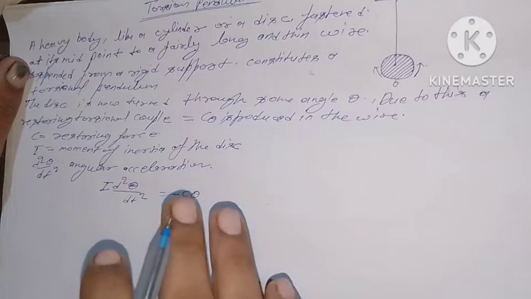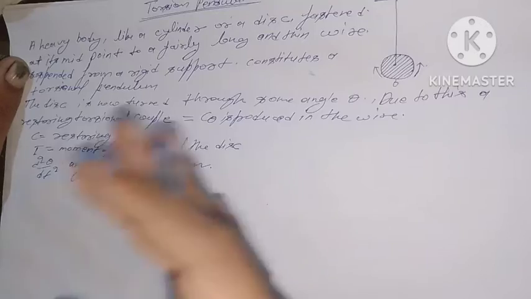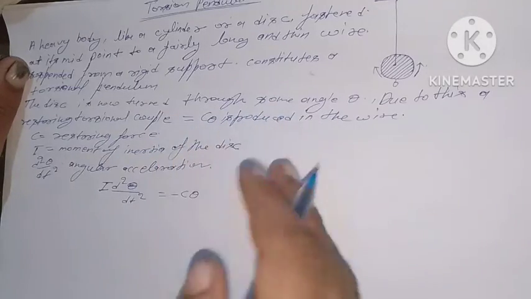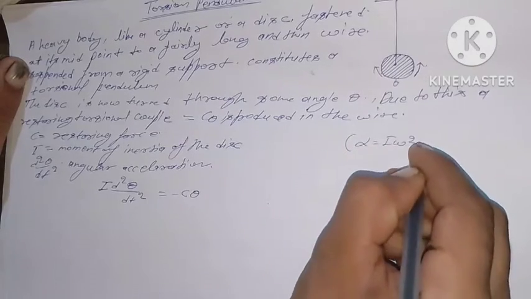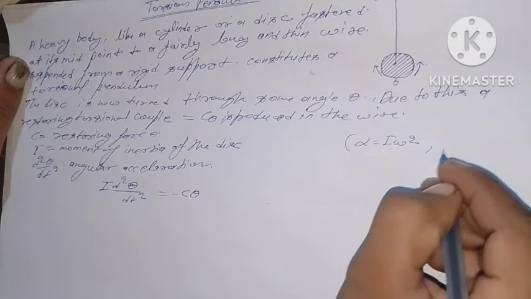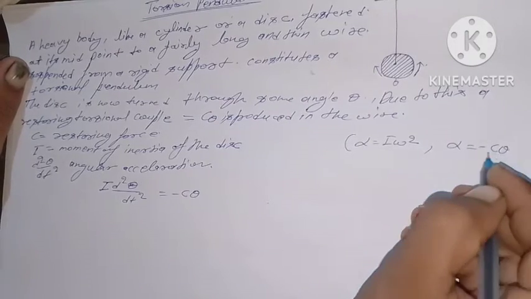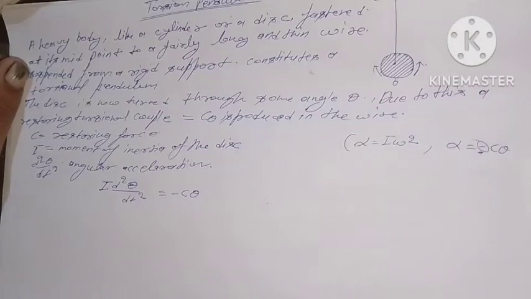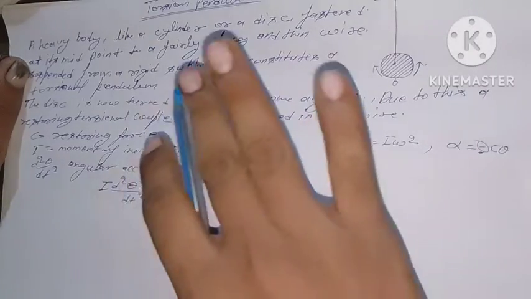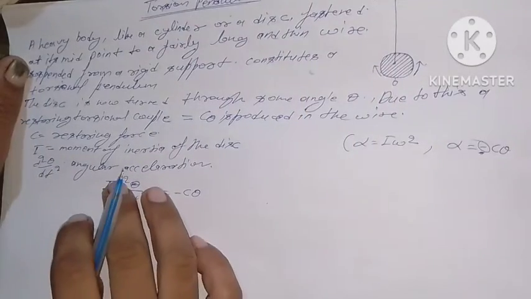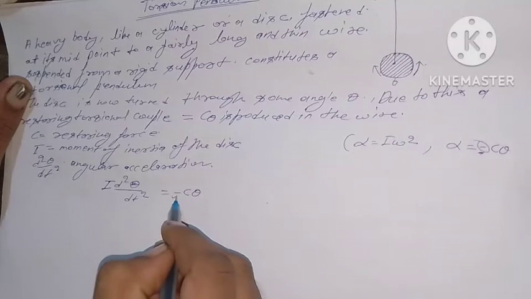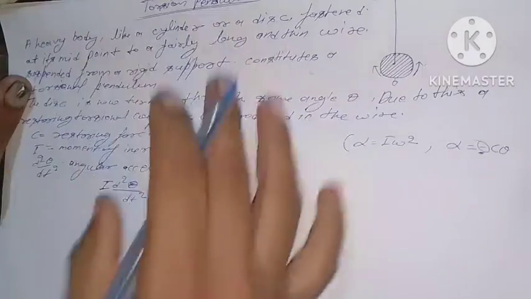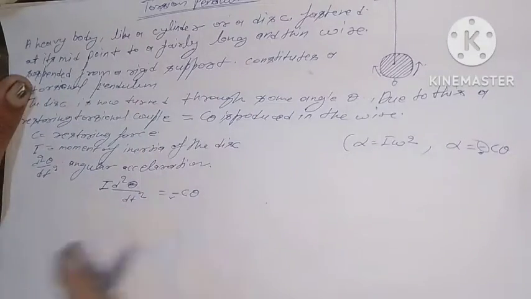The minus sign indicates that the restoring couple is oppositely directed to the angular displacement theta.